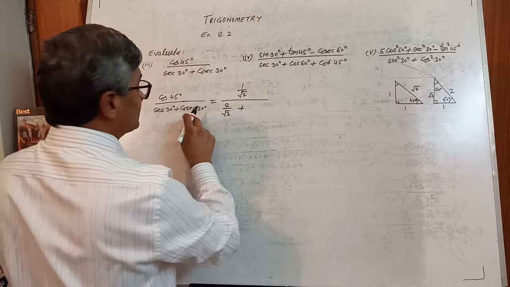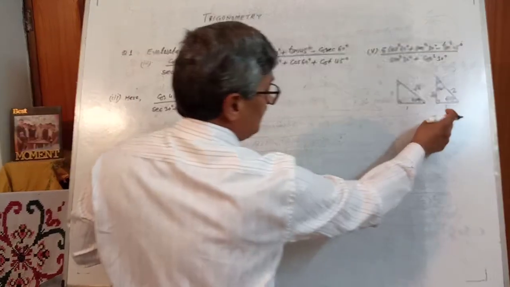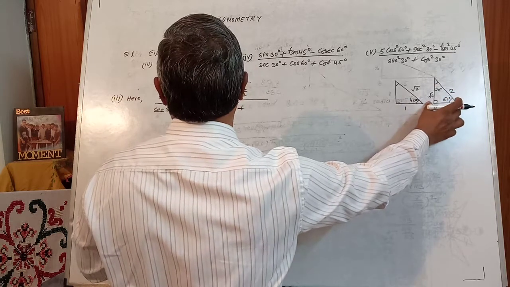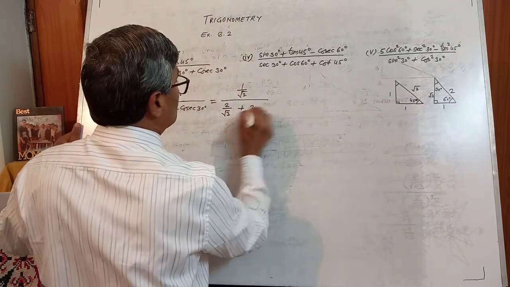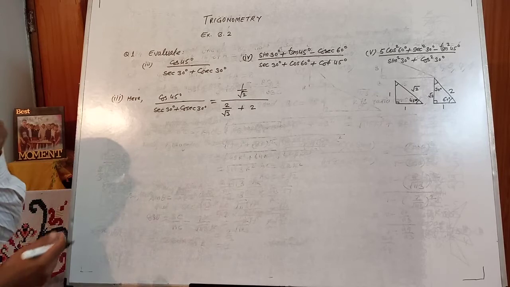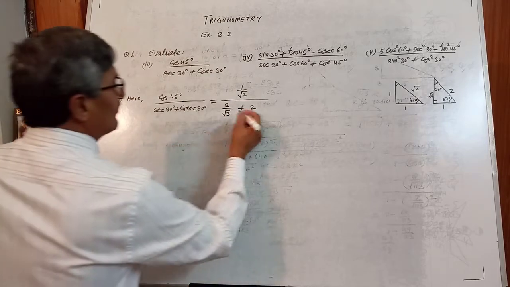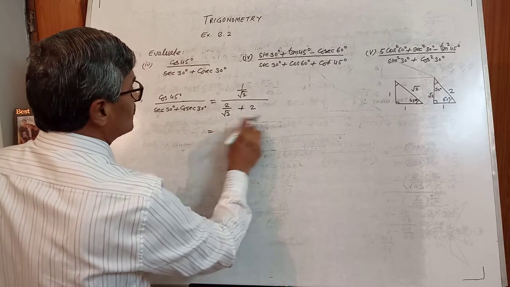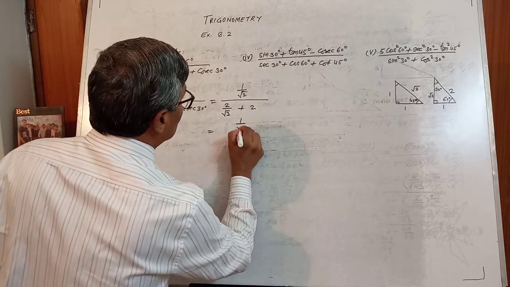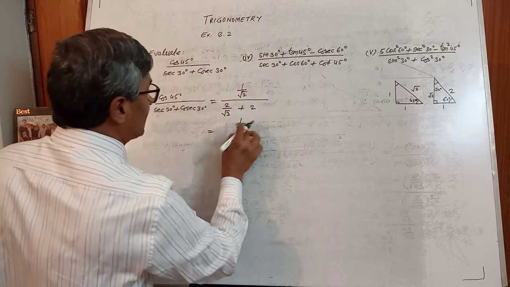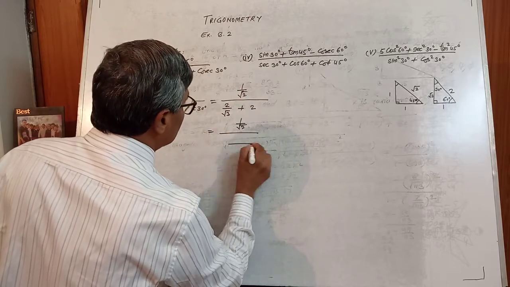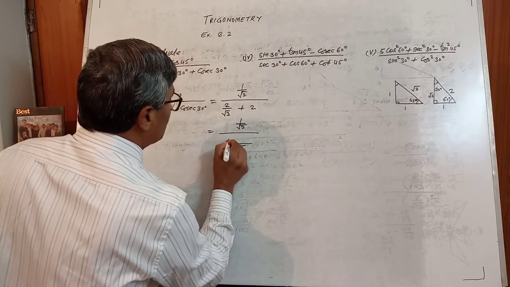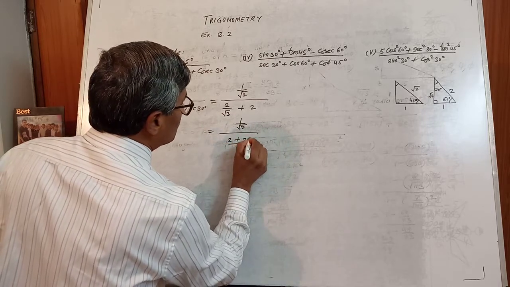Plus cosec 30, which is hypotenuse upon perpendicular. For 30 degree this is the perpendicular, so it is 2 by 1, or 2 only. Now we have to solve this. Here you have to take the LCM. 1 by root 2, the numerator as it is, divided by 2 plus 2 root 3, with under root 3 as the LCM.